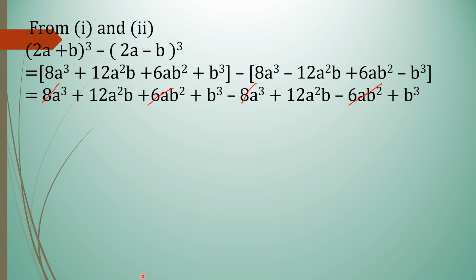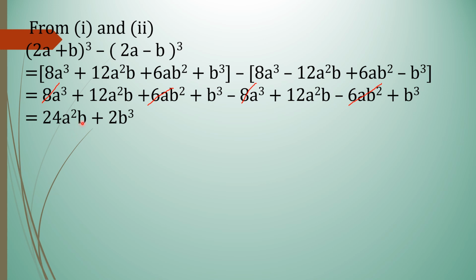So now our next step will add this 12a square b plus 12a square b, because these two have the same variable a square b, a square b. So you can add them. So it will become 12 plus 12, it will become 24. So 24a square b plus, now your b cube plus b cube, it will become 2b cube. Are you getting? You cannot add these two terms because these are different variables.